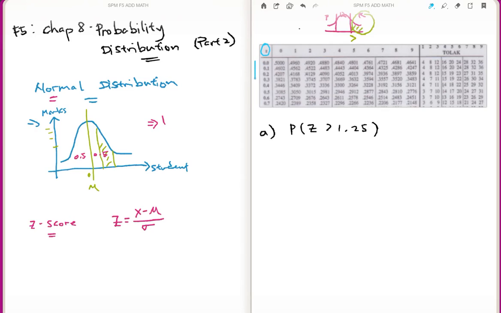You need to look over here and be sure to subtract the number over here. So if it were to be 1.25, therefore you need to go down the list at 1.2.